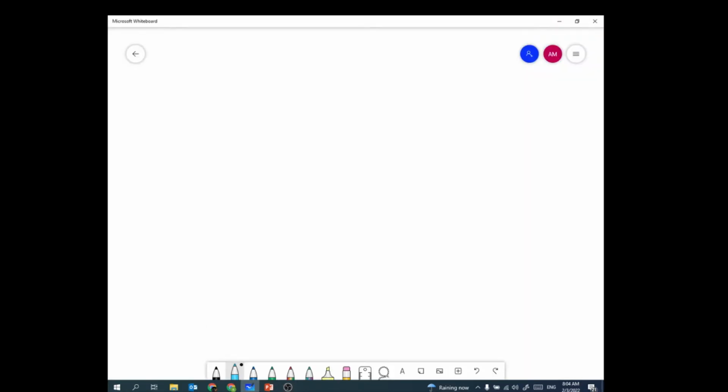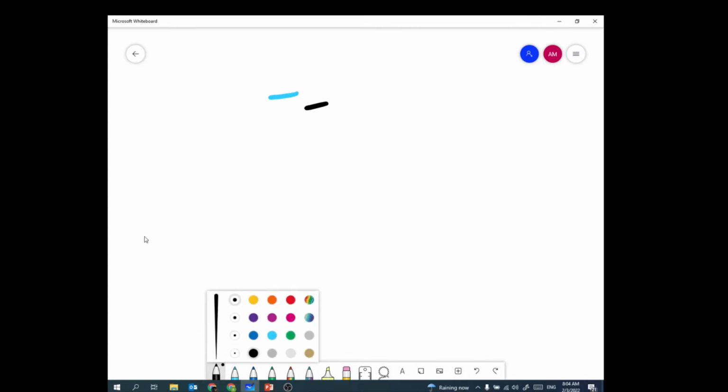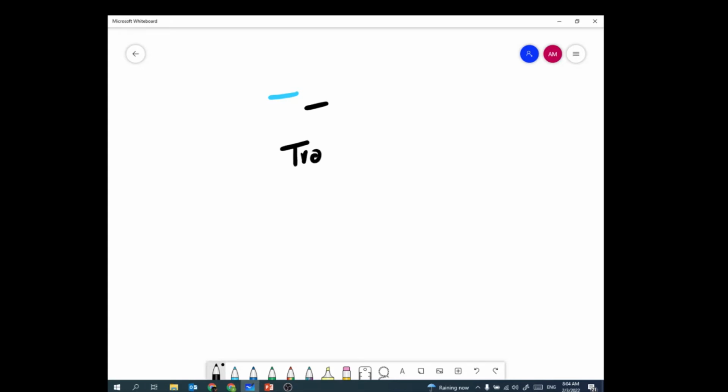Before we go, let me remind you of our umbrella. This is the umbrella that we call transportation.